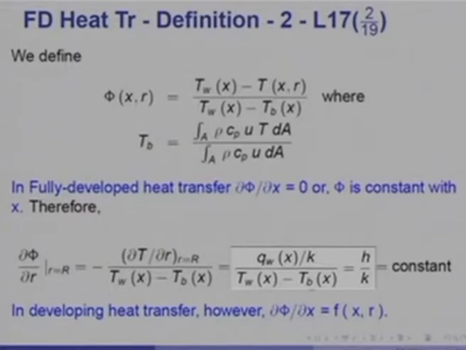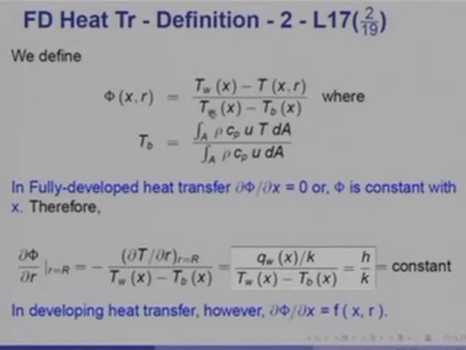This definition is used for the constant heat flux case. This definition would indicate the definition of h in case of constant wall temperature, and you will see that that h becomes constant. So, fully developed heat transfer, constancy of h, implies that d phi by dx must be equal to 0. It is the dimensionless temperature which must be constant.